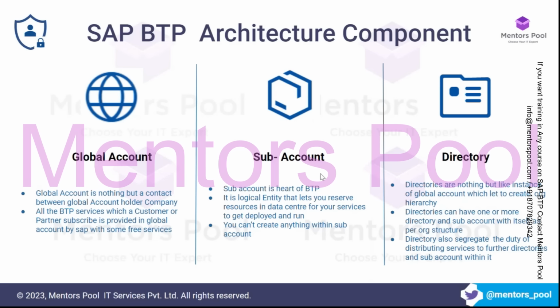So we create a sub account within the global account, then the global account administrator will assign services to my sub account, and then I can subscribe to that service. I will take this in detail, guys. So the global account has all the services; the sub account is where we subscribe to a service.